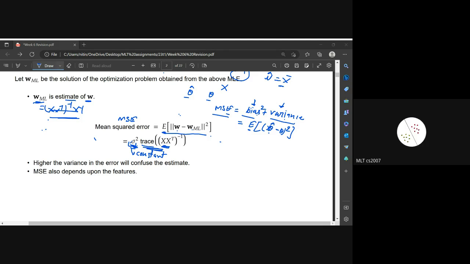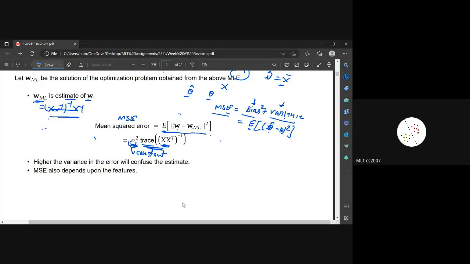So what we were discussing is that this is the MSE for your WML, right? We have seen this expression: sigma square trace of x x transpose inverse. These two terms will affect your MSE.